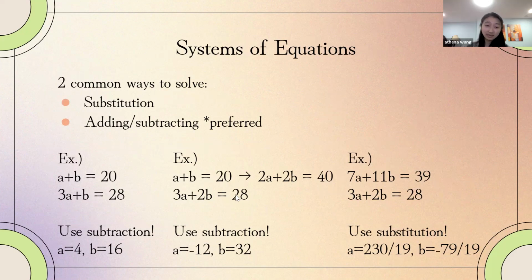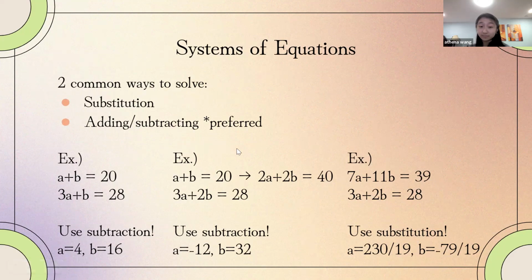So here's an example. If I have a plus b equals 20 and 3a plus b is 28, I just subtract it because I see that the b values are the same. So if I subtract it, I can get that 2a equals 8 and then a equals 4. And that's just much easier.